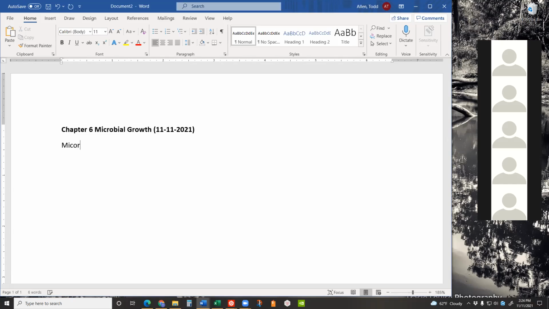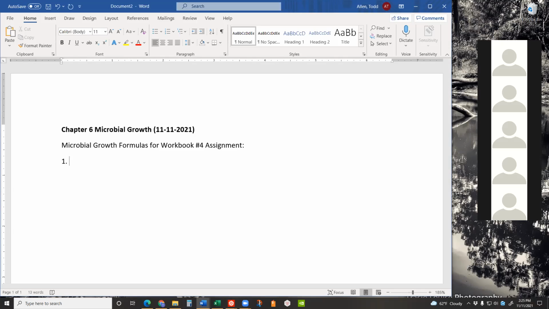So microbial growth formulas for workbook number 4 assignment. Okay. So folks, I'm going to put 3 equations into your notes. And here's the deal. I'm giving you 3 equations. I'm not telling you that you must use all 3 equations in your homework.